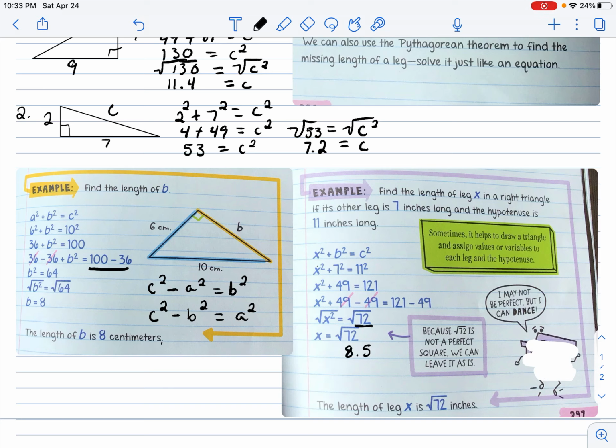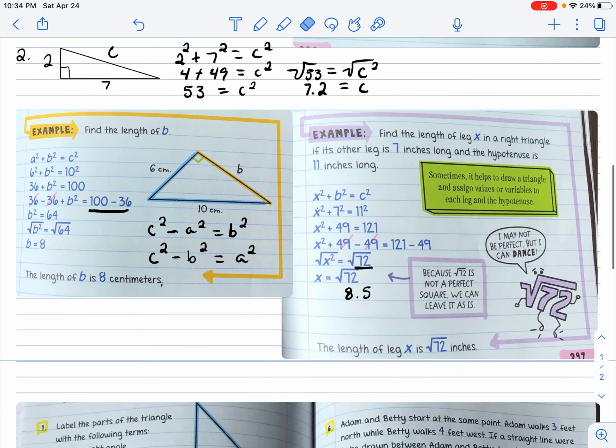Let's just see real quick how close I was. So 8.48, which you'd round up to 8.5. Okay. So here they just want it in that form. So like if they want an exact form, square root of 72 would be your exact form.